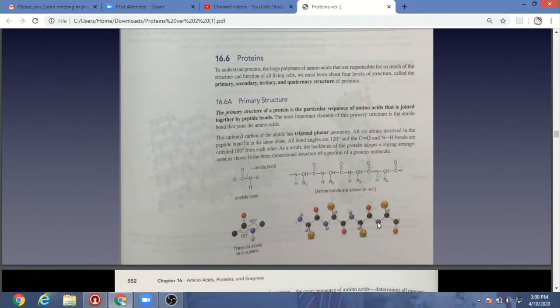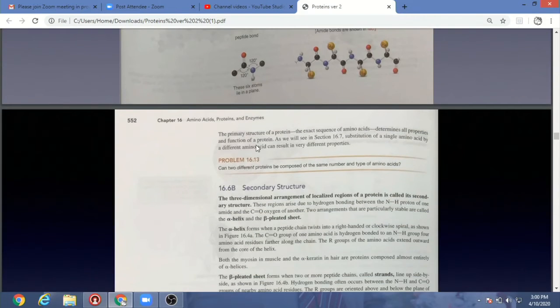From far away, you would just see kind of a straight line. The primary structure of a protein is the exact sequence, and it's going to eventually determine all the properties and functions of a protein, because you'll see why. If you just substitute one single amino acid for another one, you'll end up with a different protein.